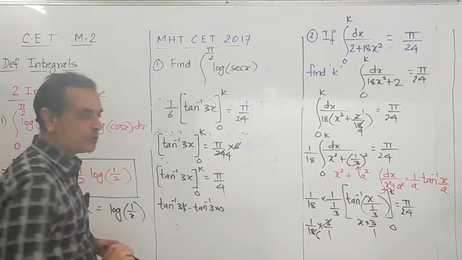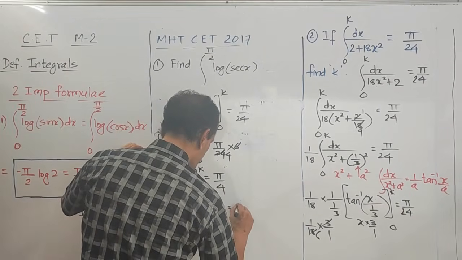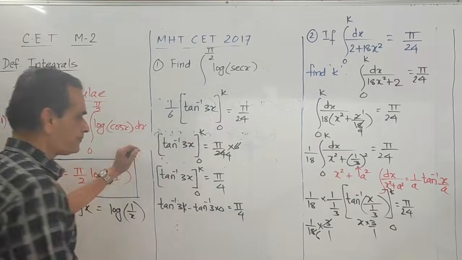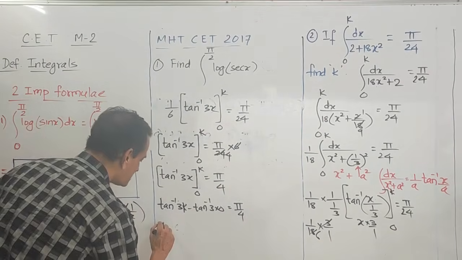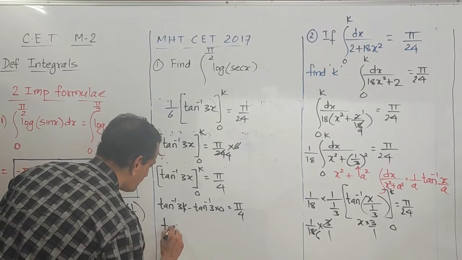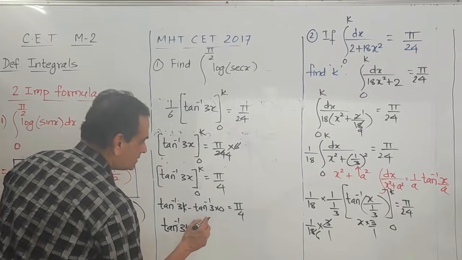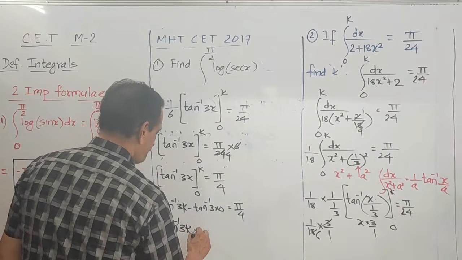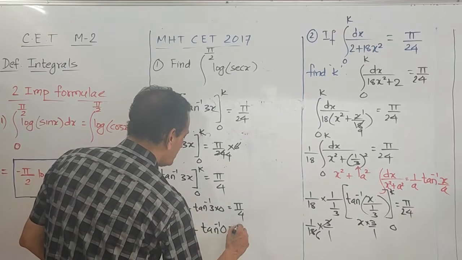In place of x lower limit, equal to pi by 4. So tan inverse 3k, three into 0 is 0, minus tan inverse 0 equal to pi by 4.